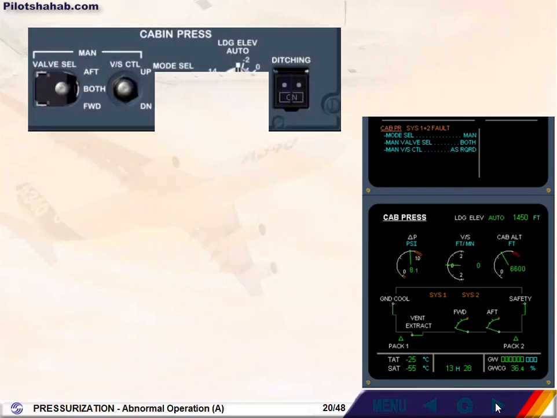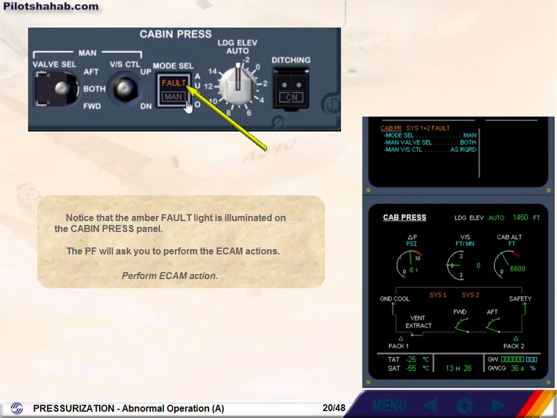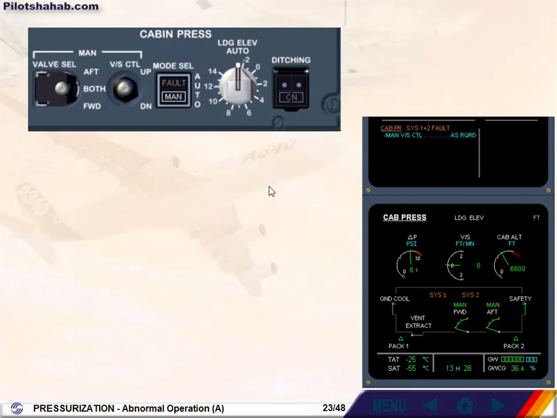Notice that the amber fault light is illuminated on the cabin pressurization panel. The pilot flying will ask you to perform the ECAM actions. Perform ECAM action. On the cabin pressurization panel, the amber fault light extinguishes and is replaced by the white MAN light.